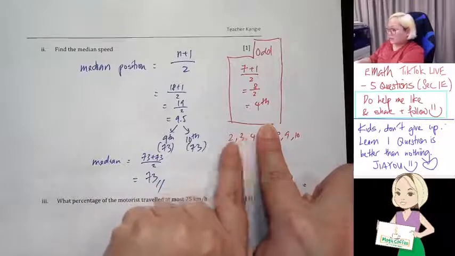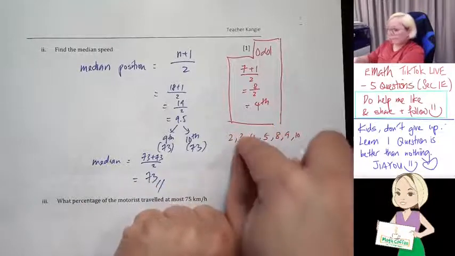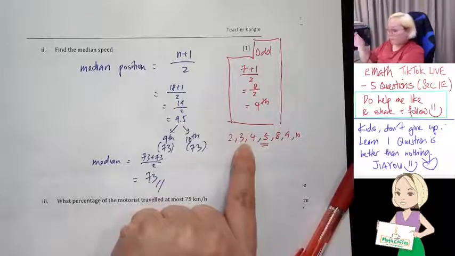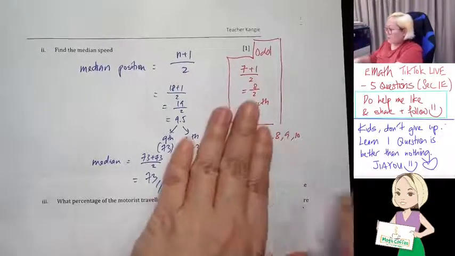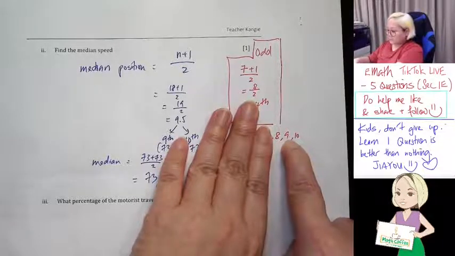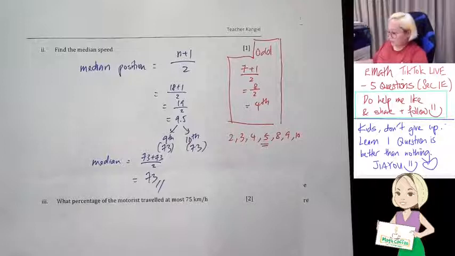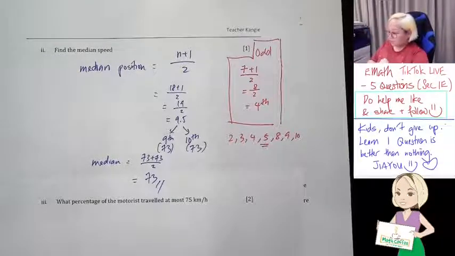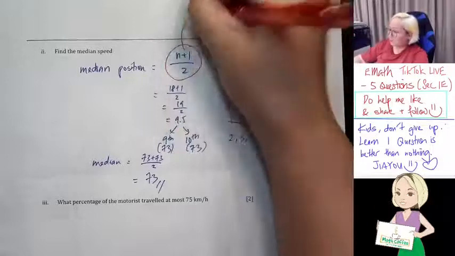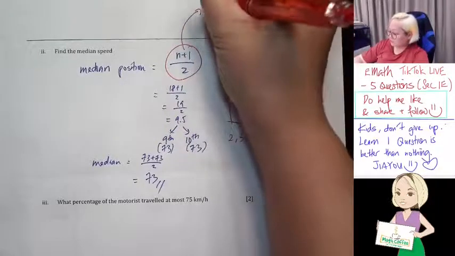The middle of the 3 data is what? 3, right? So the lower quarter is 3. This is Sec 4, not Sec 2, okay? Cover, look at the right hand side, 3 data. So the upper quarter is 9. So it's like you split it, you understand? You split it, and the divide by 2 is part of the formula. N plus 1, this formula here is the formula to find the middle position.